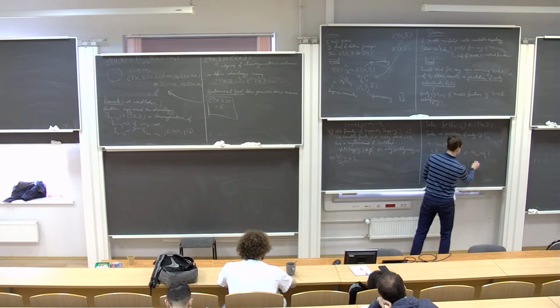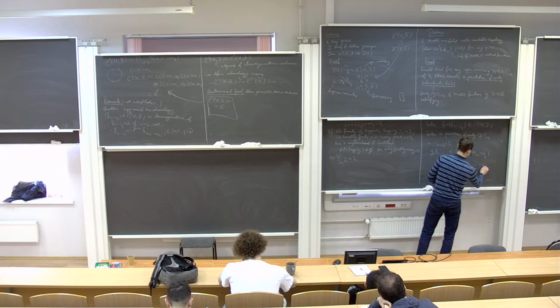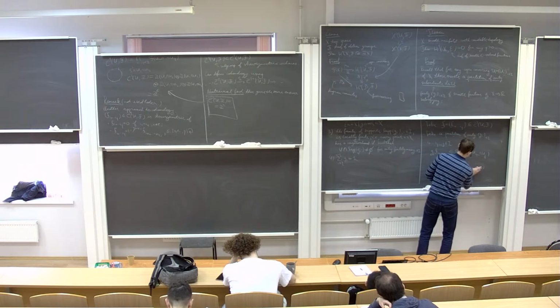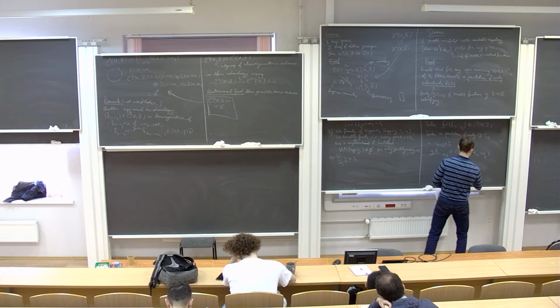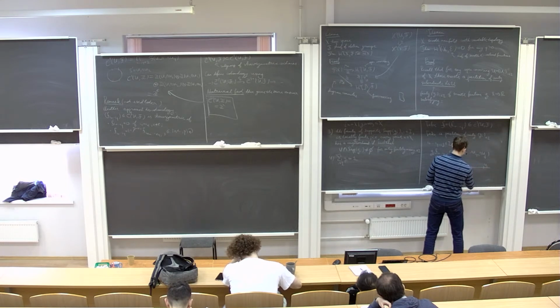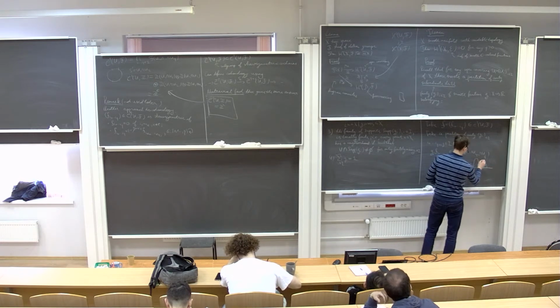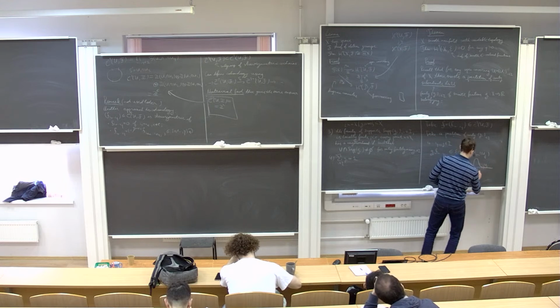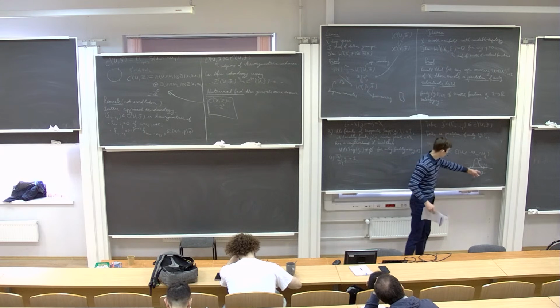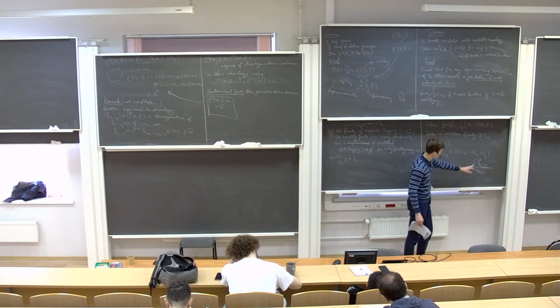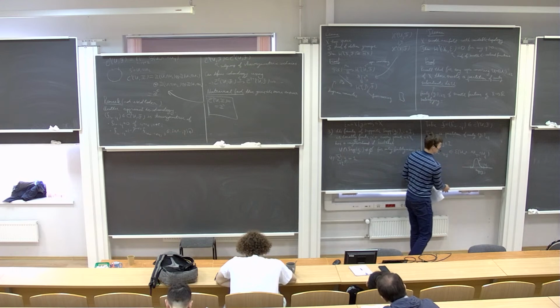Let us write a one-dimensional picture here. We have U_j and then our function g_j, whose support is inside U_j. So it looks like this.